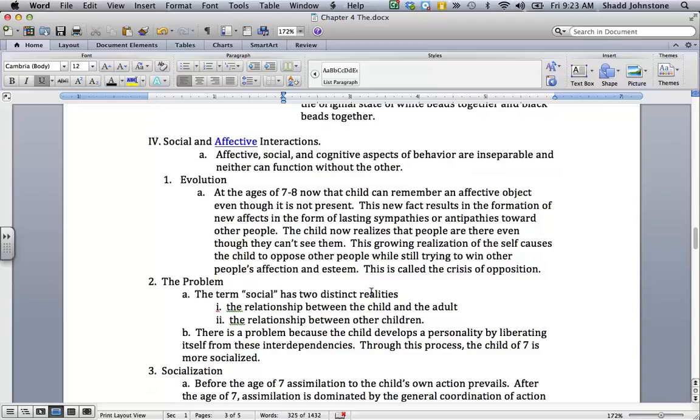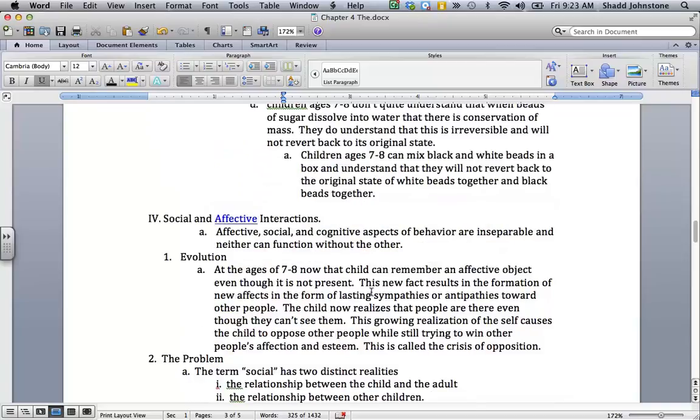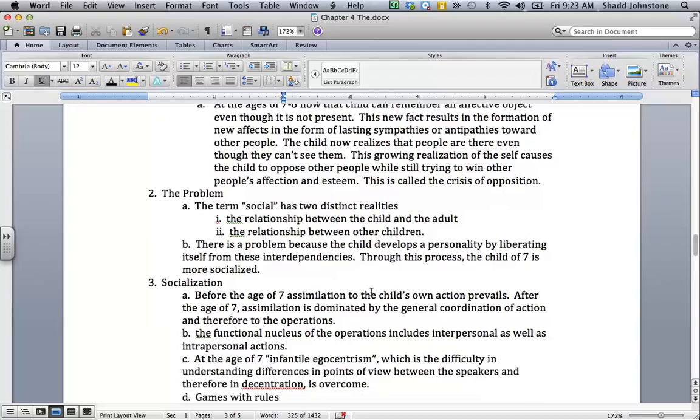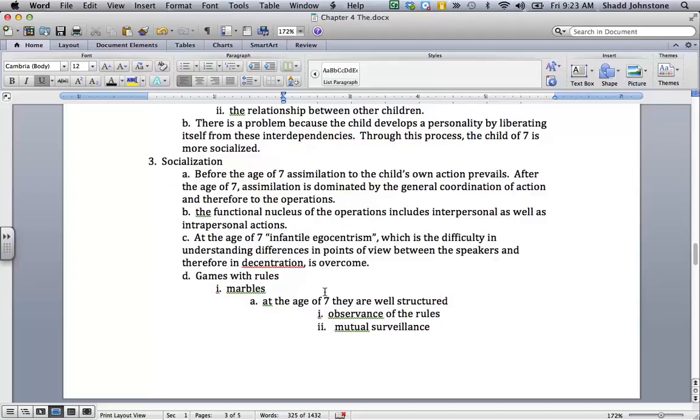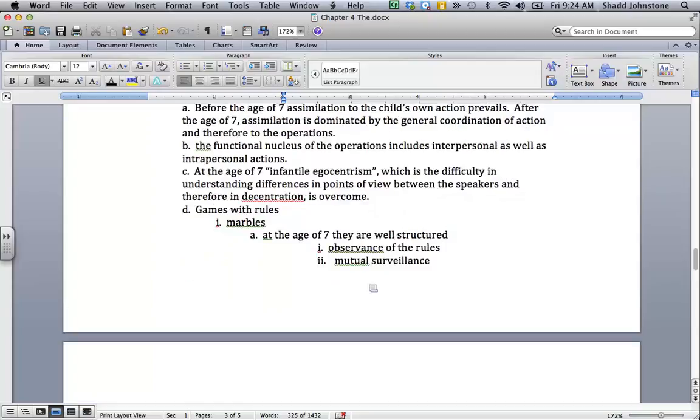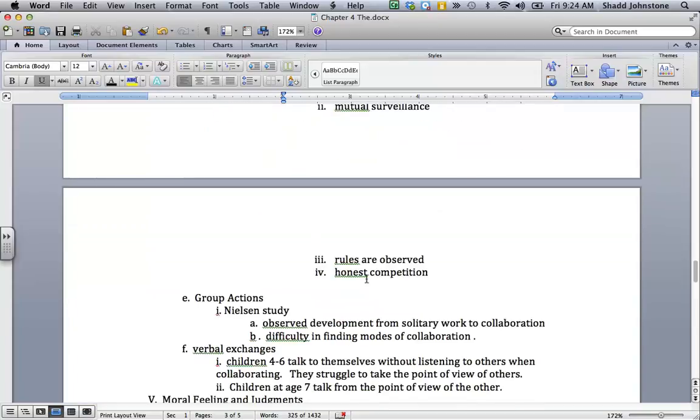And it helped me understand a lot of the relationship between my son and I, and how he views social and our affective relationship. And then it talks about socialization, how kids learn with games and marbles, and how they view the rules and how they actually play.